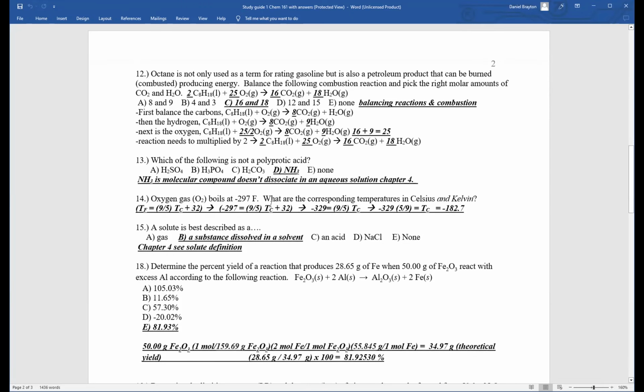12 here is another balancing one, another hydrocarbon one. We don't really care what it is. This one's octane, and this is where the octane rating comes from. When you go to the gas station, you'll see different prices for different gasoline, and it's called an octane rating. And ironically, this molecule, octane, has a rating of 0.